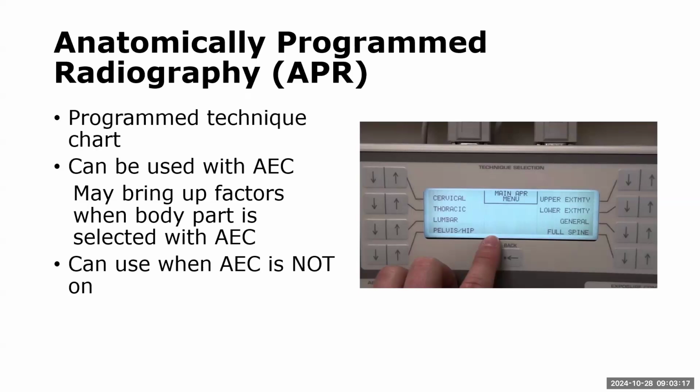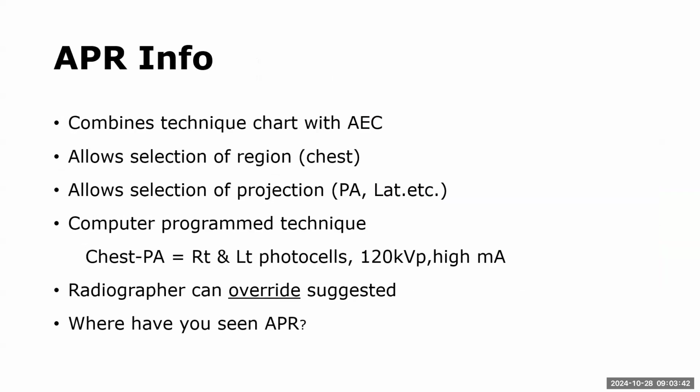Instead of having a paper chart where you look at it and set your technique, you just choose hand PA, and it comes up with a KVP and a mass for you. Or you choose chest, and it automatically puts it on AEC for you, where it selects 120 KVP, outer photocells for the PA, normal density setting.